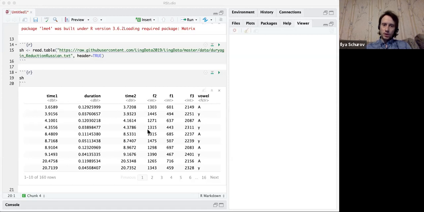And we are interested in how the first formant depends on the value of the second formant, and whether this relationship is different for different types of vowels. So we have this vowel type, and we have two formants that we are interested in, first formant and second formant.